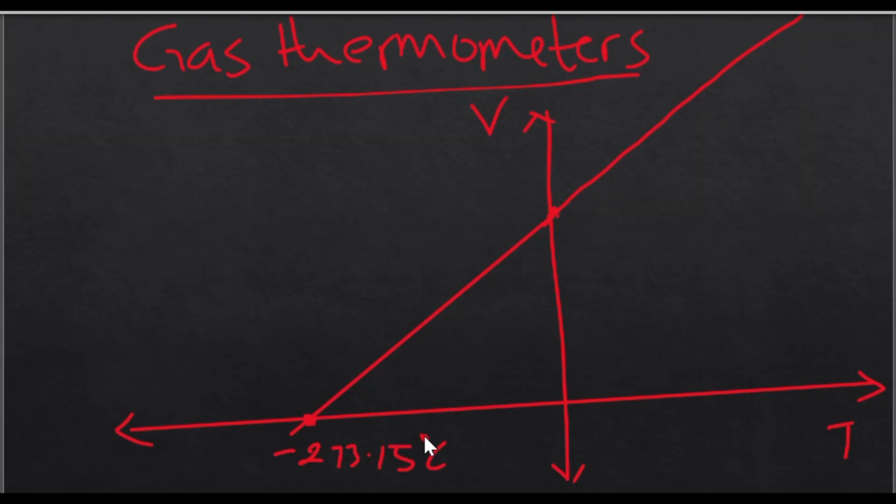Let me tell you what gas we'll be using. We won't be using real gases like oxygen, hydrogen, and so on. We'll be using a concept, an idealized version of gases called the ideal gas. The ideal gas is just an idealized concept. It's a gas that you kind of imagine stripping away all other constraints.